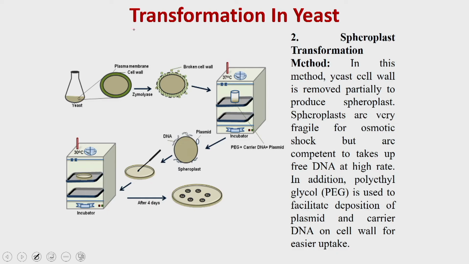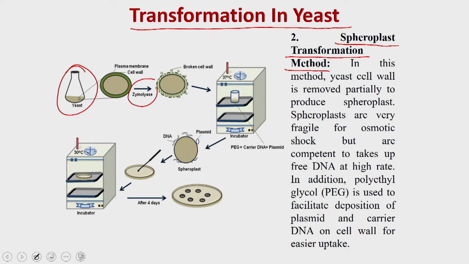Similarly, we have also discussed transformation in yeast, and the different methods of transformation available in yeast. One of the methods is the spheroplast method. In the spheroplast method, you first grow the yeast cells, then you treat them with zymolase. The zymolase partially removes the cell walls and generates the spheroplasts.